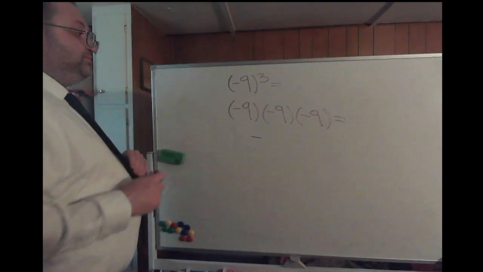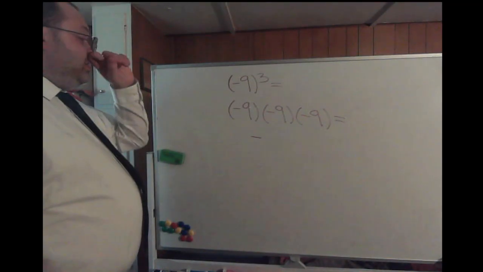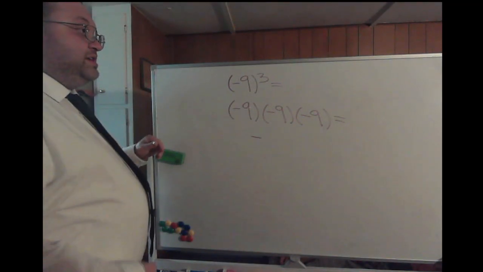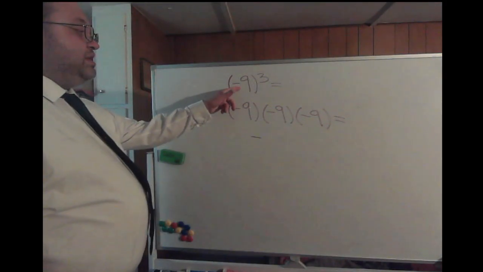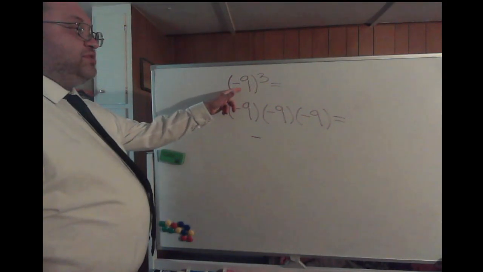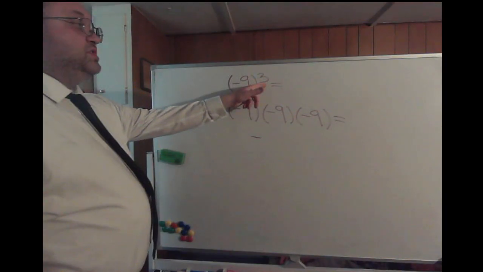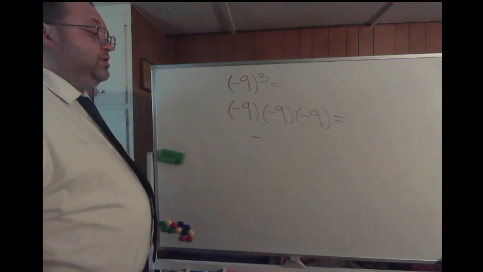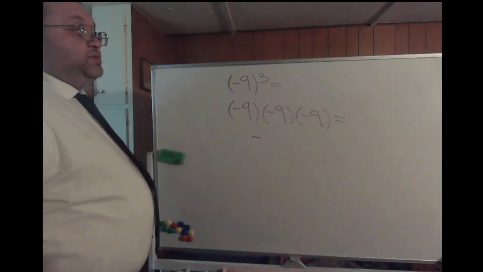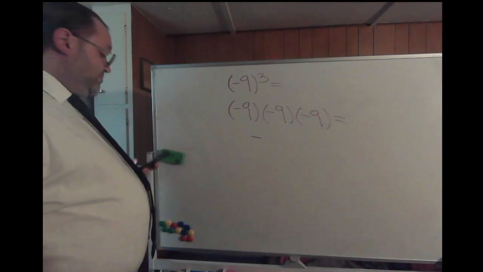And remember when we talked about multiplying integers and doing them to different powers, how if the negative sign's inside the parentheses, and it's to an odd power, such as 1, 3, 5, 7, or whatever, you'll get a negative number. If it were to an even power, you'd get a positive number.